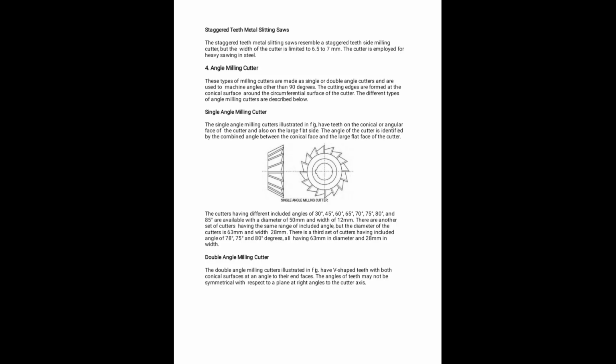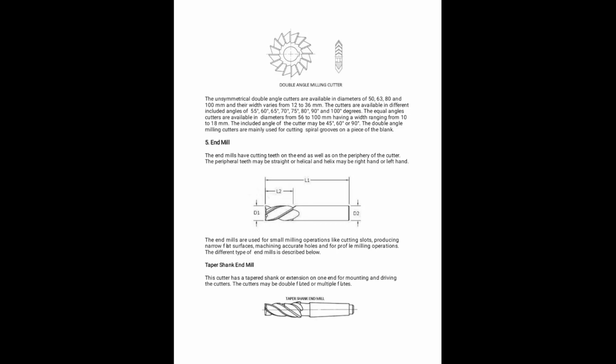And the double angle milling cutter is illustrated in the figure. It varies from 12 to 36 mm in diameter, and thickness is also specified. The inclined angle will vary from 55 to 100 degrees.